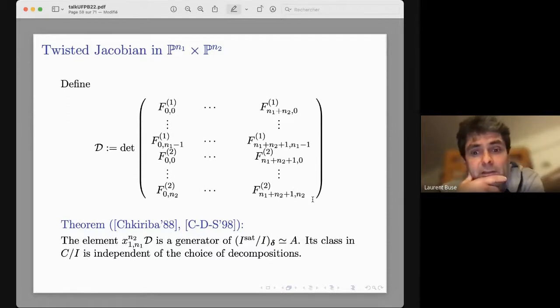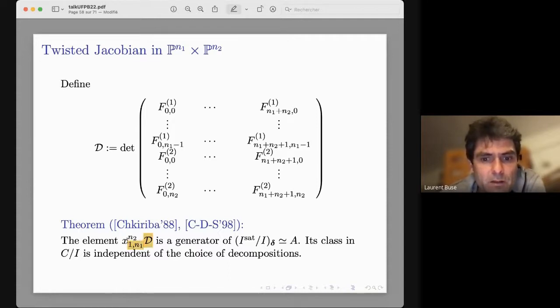This is a theorem that is due to Jouanolou in 88, and also Cattani, Dickenstein, Sturmfels. They proved that if you multiply this element D by this power of x1,n1, then you have a generator of I^sat mod I in degree delta, that is isomorphic to A. This is what we call in this case the twisted Jacobian.